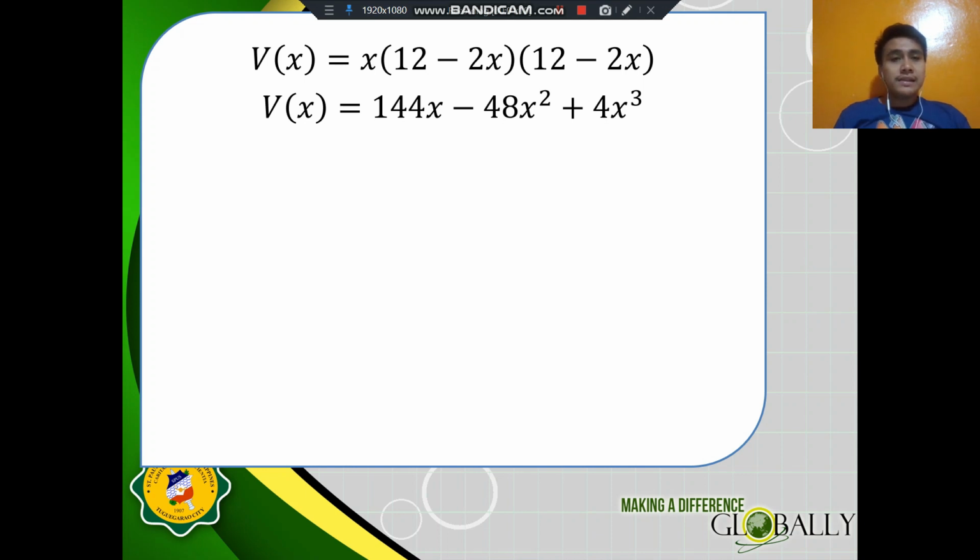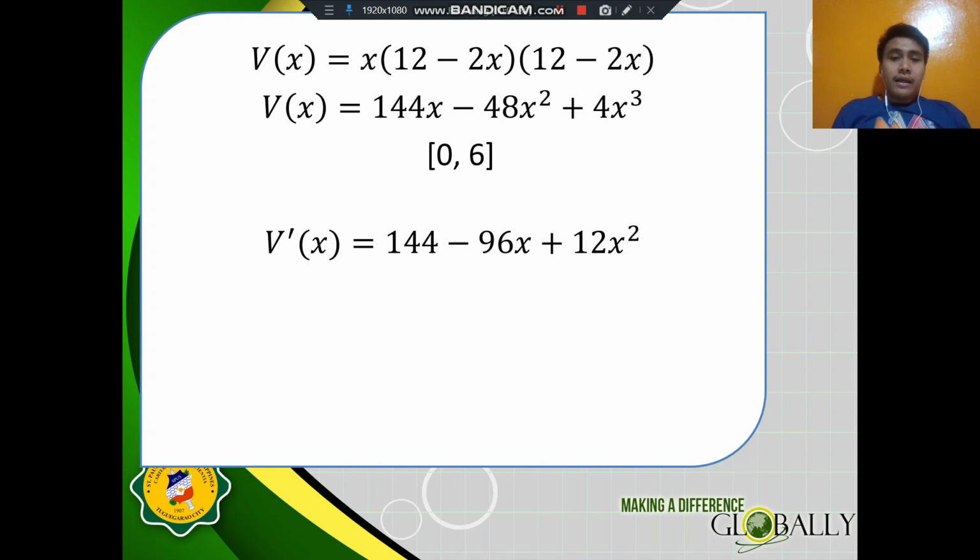So now let's proceed to our first step. And what is our first step again? Yes, very good, which is to find the derivative of the function to get the critical values. We have the interval 0 to 6. The derivative of 144x is 144.